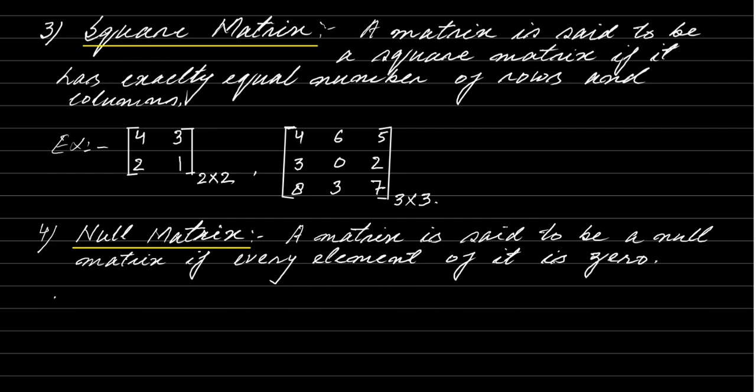So for example, 0, 0, 0, 0. So this is a null matrix of order 2 by 2, which is generally denoted by O, 2 by 2.